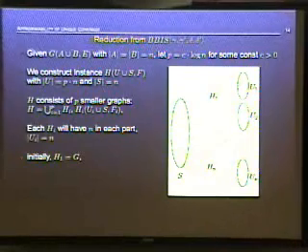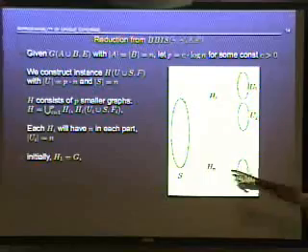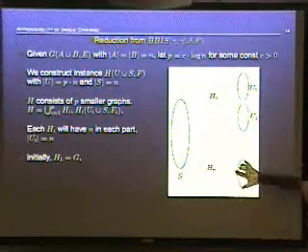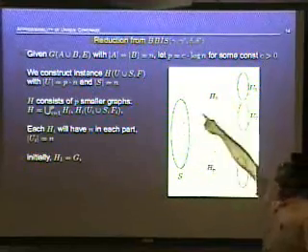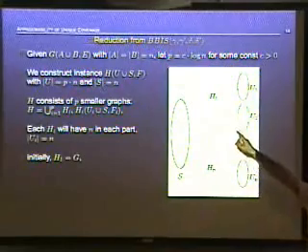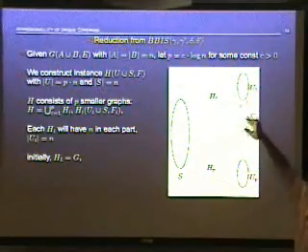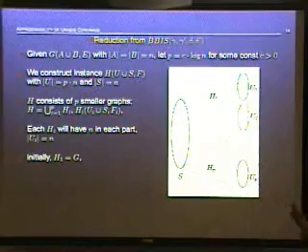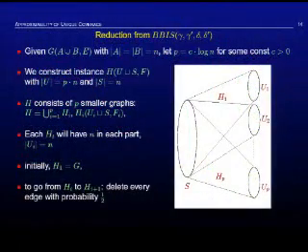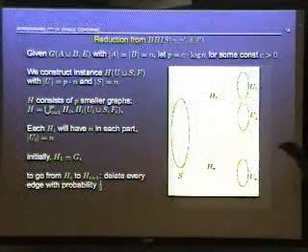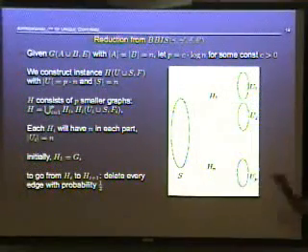So S has n elements, I think. So this is n vertices. These are also n vertices. This part is just the graph G. Then to go from H1 to H2, you have the same graph, just remove every edge with probability 1/2. And do the same to go from H2 to H3, delete every edge with probability 1/2, and continue until you get to HP.